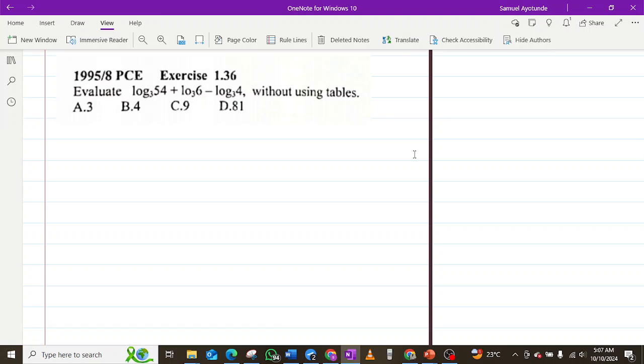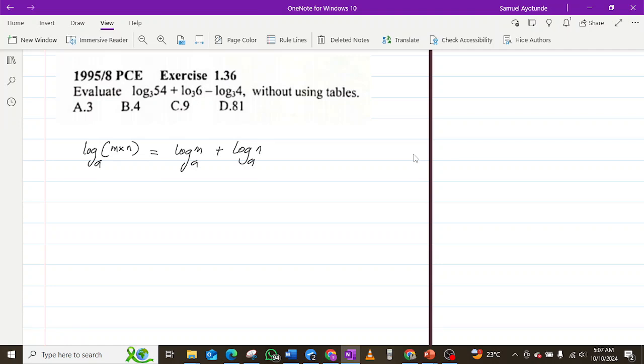Where we said the first law, I will write it so that we can apply it properly. Log a m times n is equal to log m base a plus log n base a.